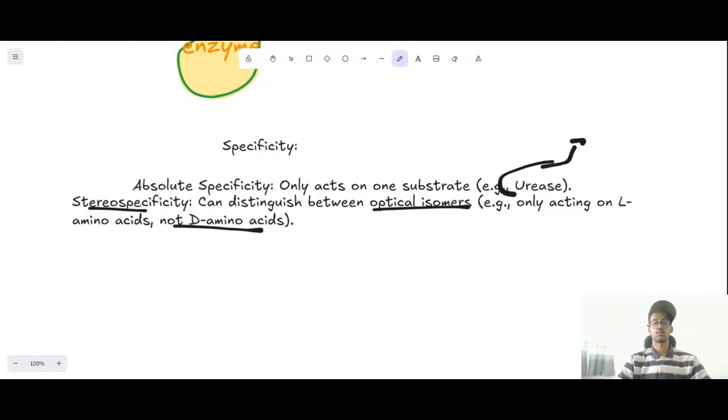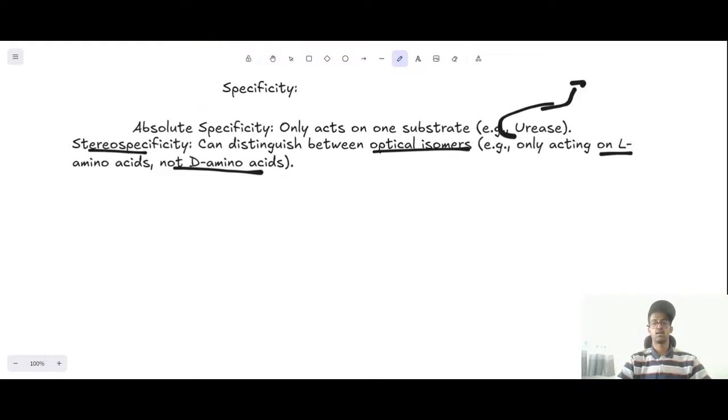L amino acids and D amino acids differ by the orientation of the last OH.